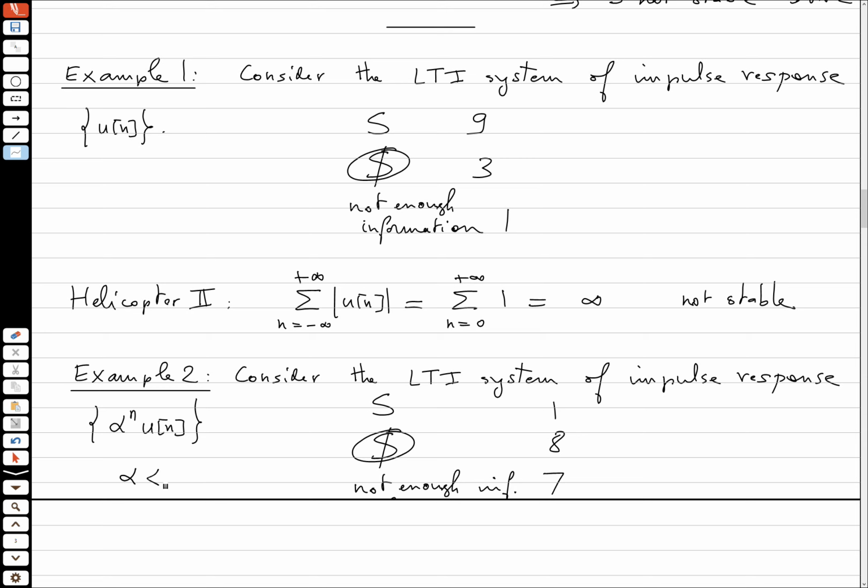Okay, I make alpha negative. Let's vote again. In this case, who votes this is stable? Who votes this is not stable? You want to say stable? And who votes there is not enough information?